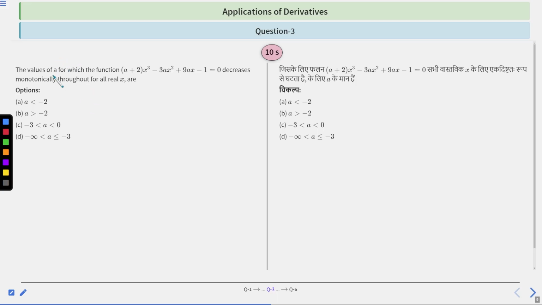The hint of this question is, since we have to find the interval of a, and the function is monotonically decreasing, f(x) is given, so we can find f'(x) and put f'(x) less than 0. You will get the interval of a. So in this way, you can approach this question. You have 10 seconds to solve this question. After 10 seconds, we will discuss the solution.